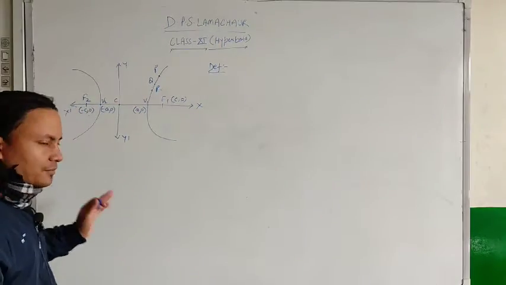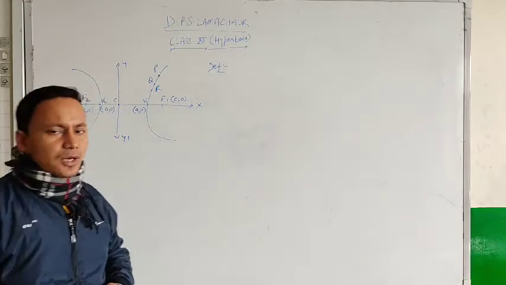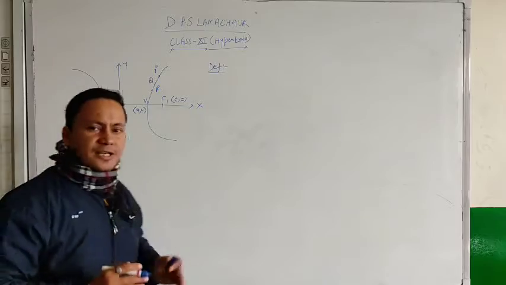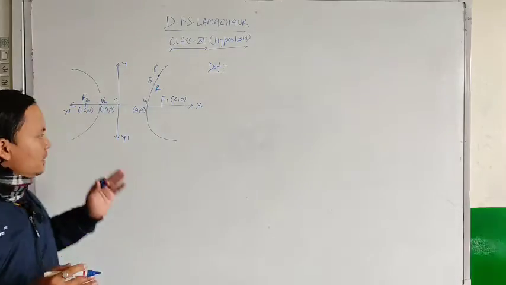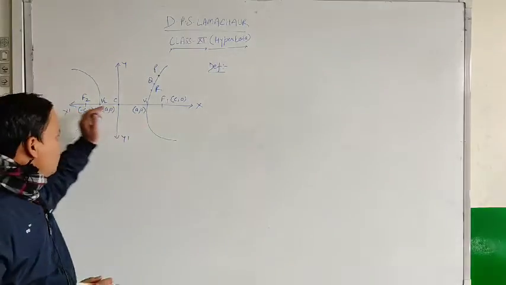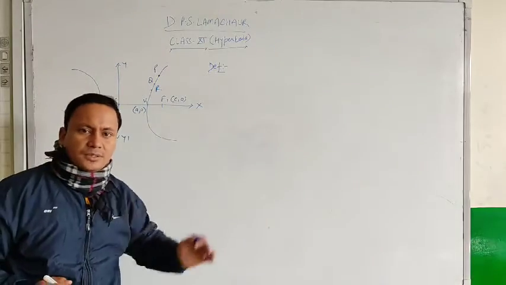So what is the condition, what is the definition of a hyperbola? The hyperbola is the set of all points whose difference of distances from two fixed points is always a constant.